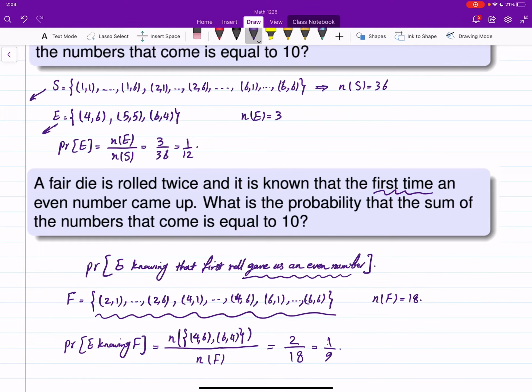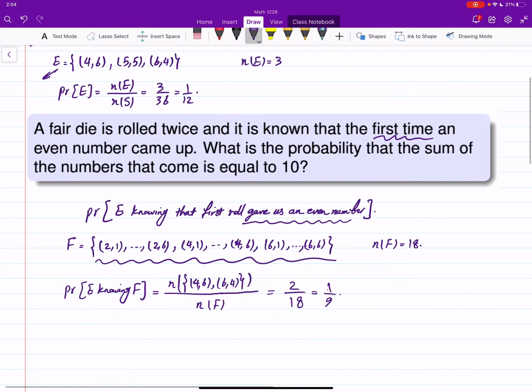Yes. And you notice right away that knowing some information about what happened may change the probability. Just knowing some extra piece of information would change our probability to the so-called conditional probability.